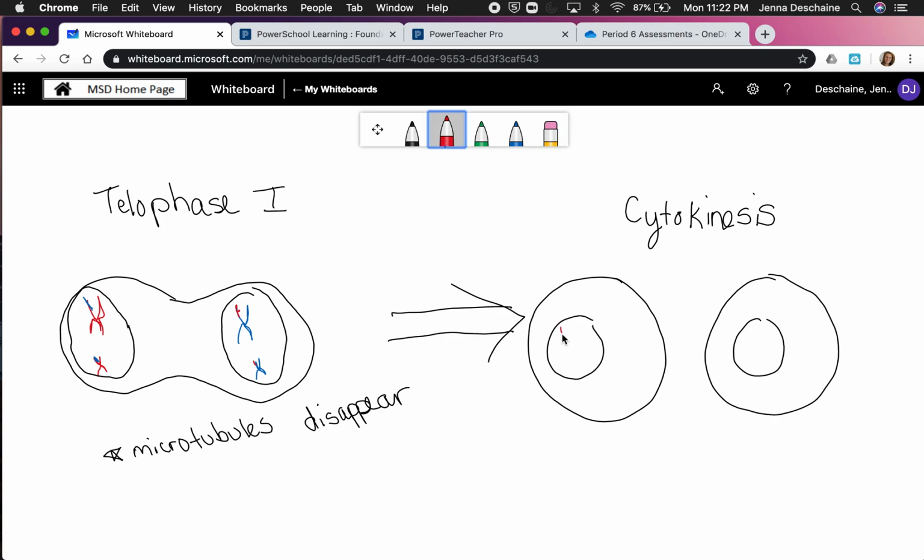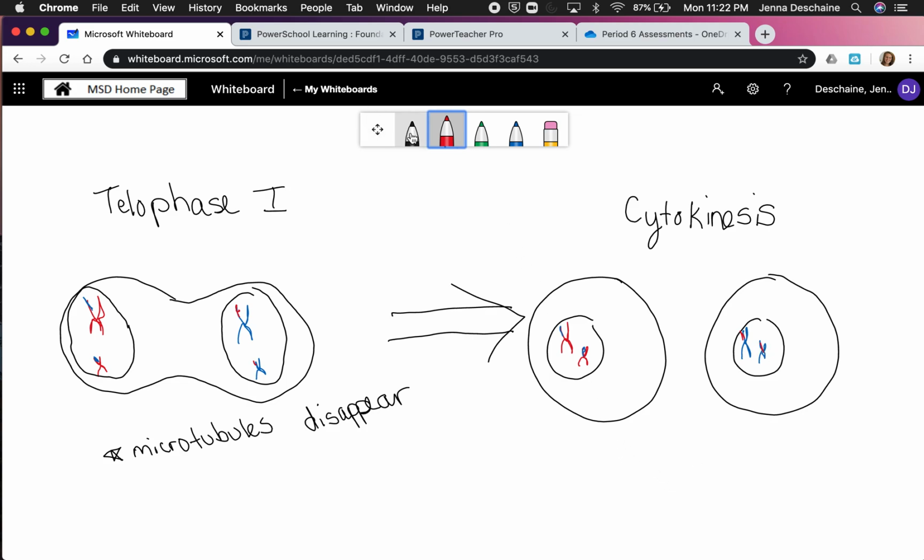All right. This cell has that chromosome and that chromosome. This cell has this chromosome and that chromosome right there. Just like that.